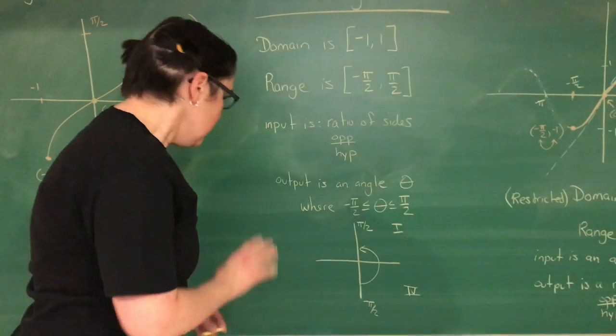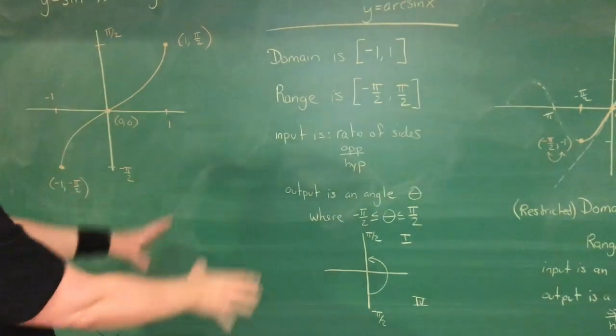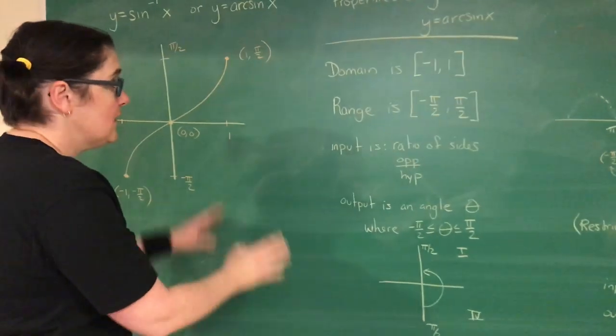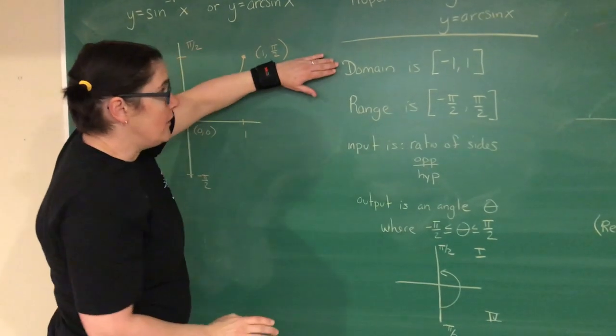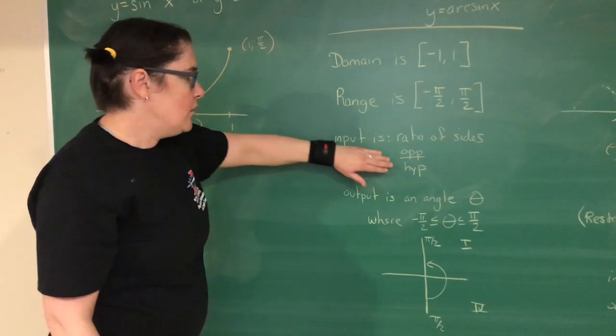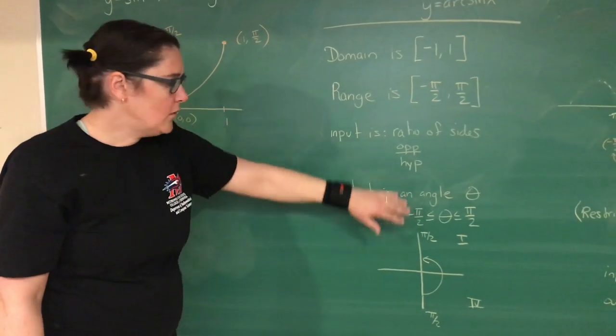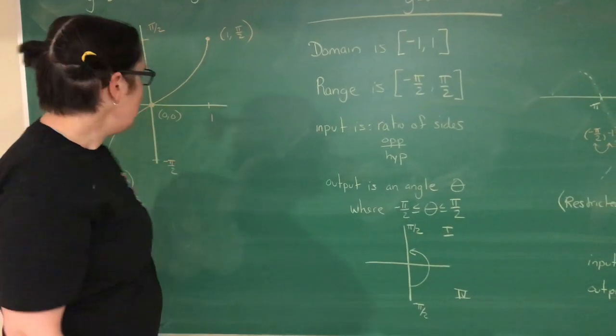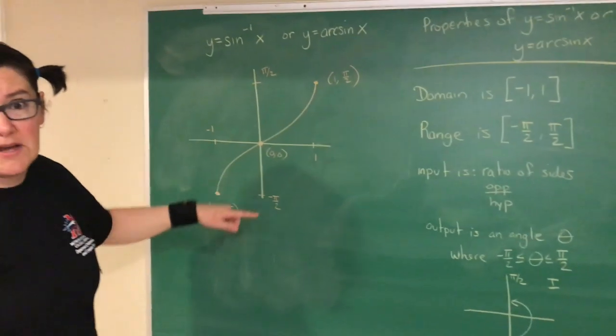Okay, so now we have all of the information, all the properties about the inverse sine function. Things that you're going to want to know about are the domain, the range, what is the input, what does the output tell you, and a picture of the inverse sine function.